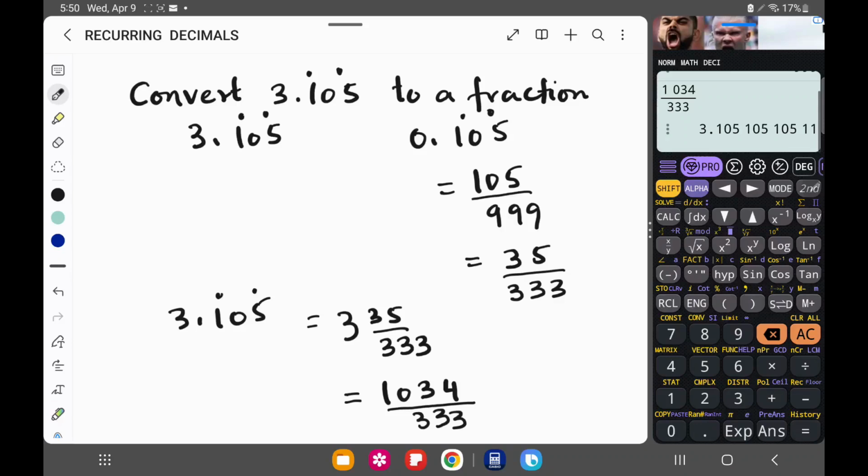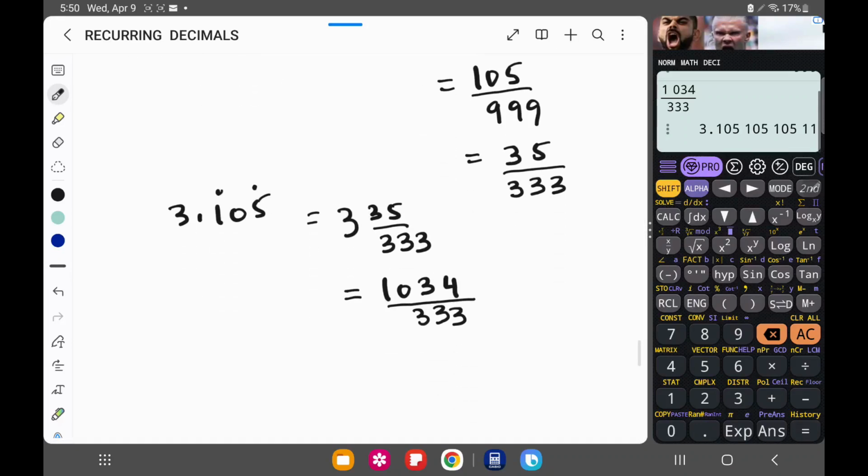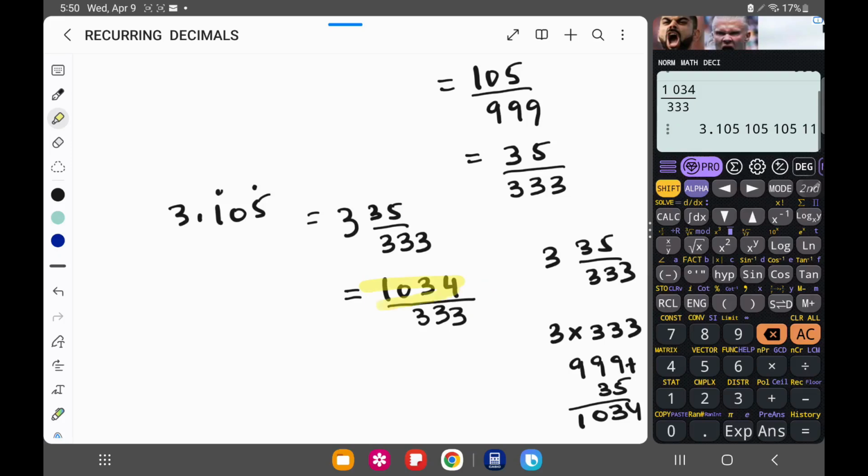That is the same answer. If any students don't remember how to change a mixed number to a fraction: 3 into 333 is 999, then add 35 and you get 1034. So the recurring decimal 3.105 in fraction form is 1034 divided by 333.